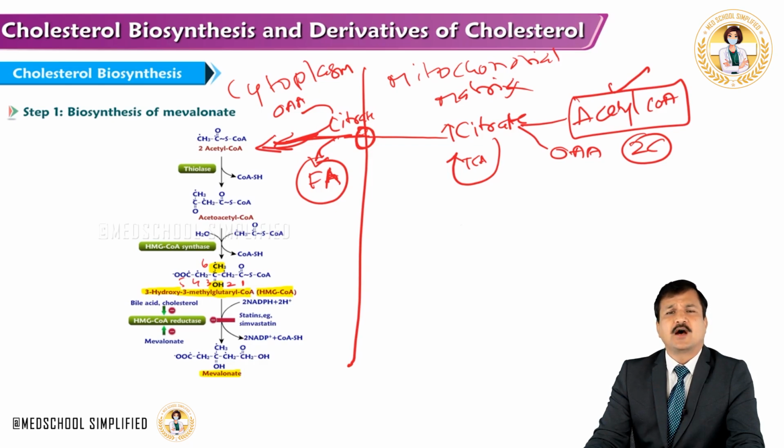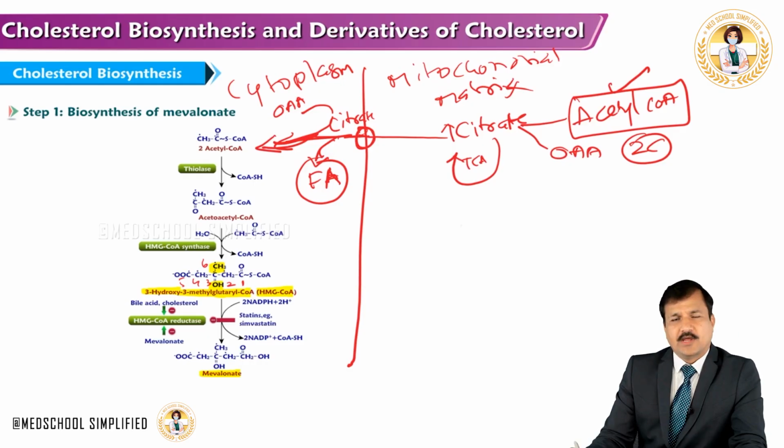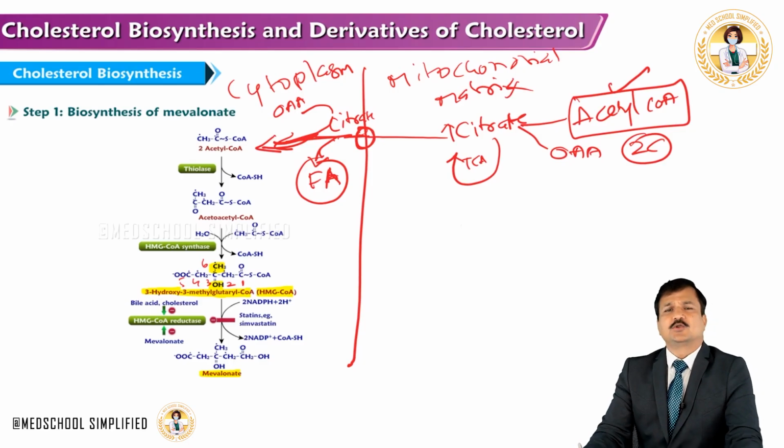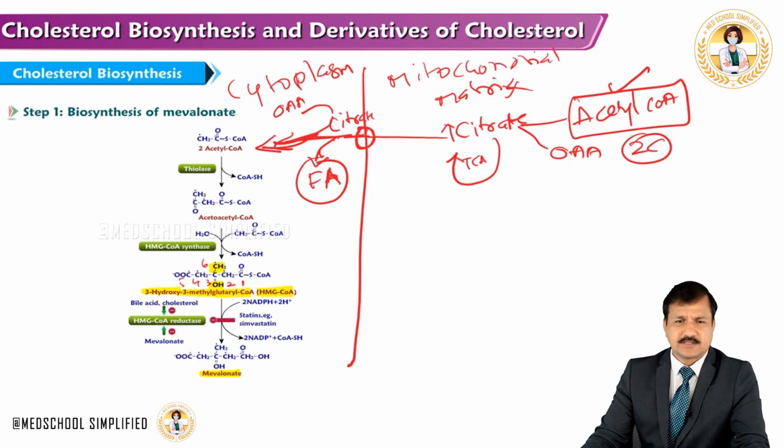In that we have glucose 6-phosphate dehydrogenase and 6-phosphogluconolactone dehydrogenase. These are the two enzymes in the oxidative phase of the pentose phosphate pathway, which will provide the needs of NADPH H plus in reductive biosynthesis. Cholesterol biosynthesis is one of the reductive biosynthesis pathways.